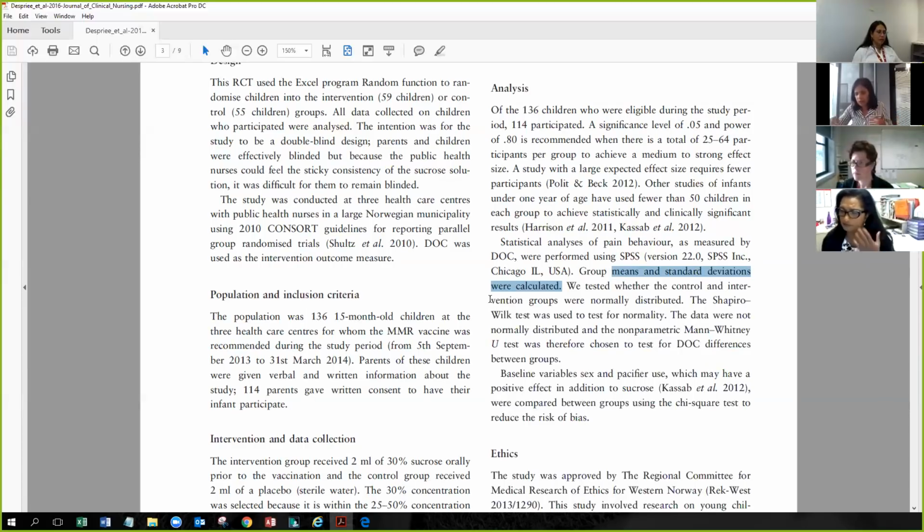Was it appropriate in the study? So they can say, in order to find the difference in the duration of crying between 2 groups, mean was the best method. Mean was the best statistics used. Okay. And do they need to get a source for this one as well? That's right. Okay.